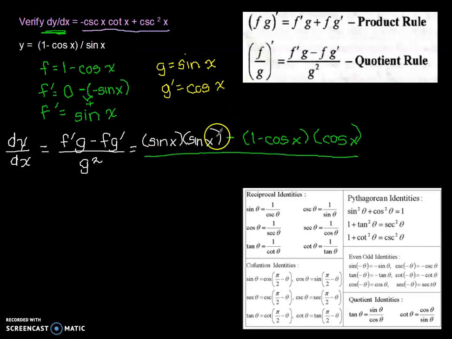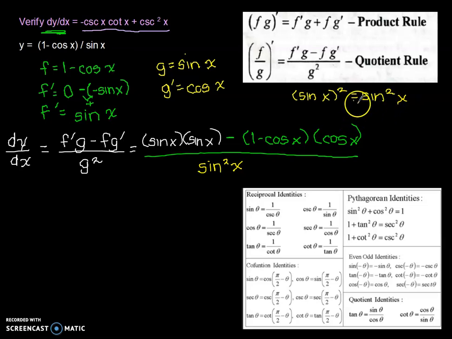So g squared would be sine squared. Since it is just one term, remember that putting the square in the middle means the same thing as this. These two mean the same thing.